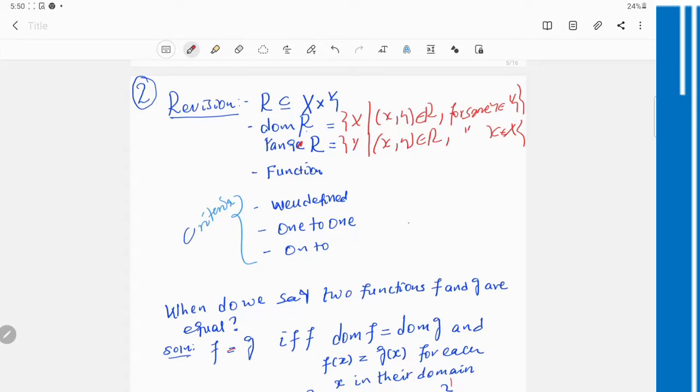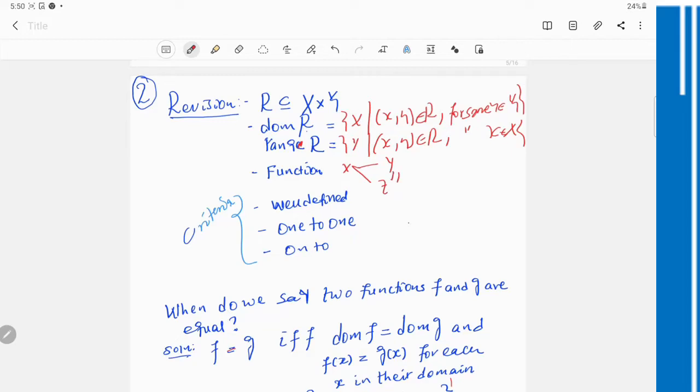A function is a relation whereby any first component is mapped to exactly one second component. That is, if x maps to y and also maps to z, then to be a function, y must be equal to z.